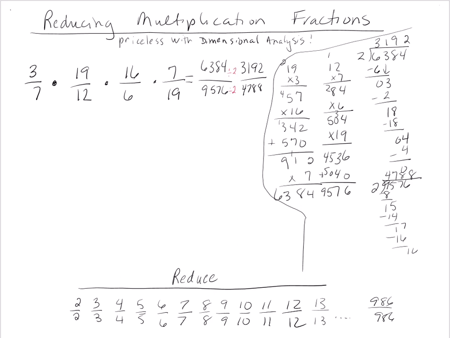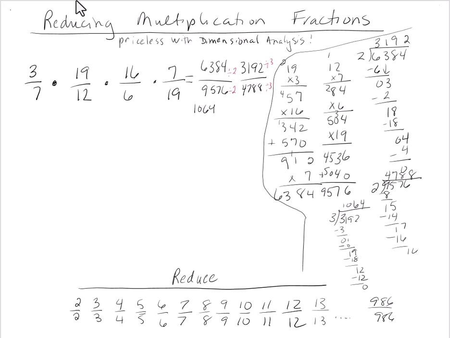So now let's divide the numerator and denominator, in other words the top and bottom, by another number. I'm going to divide by 3. Not sure if they go into it, but I'm going to try it anyway. 3,192 divided by 3. So my answer here, I'm going to write it below it, is 1,064.